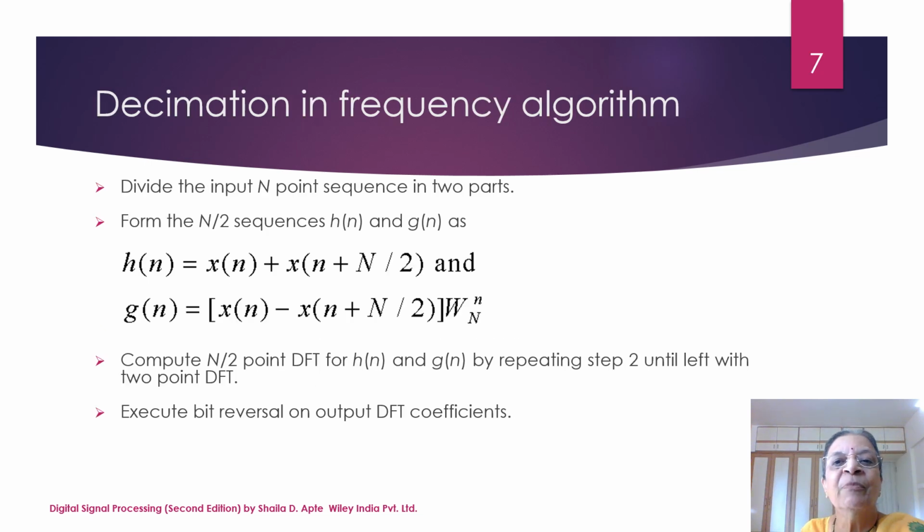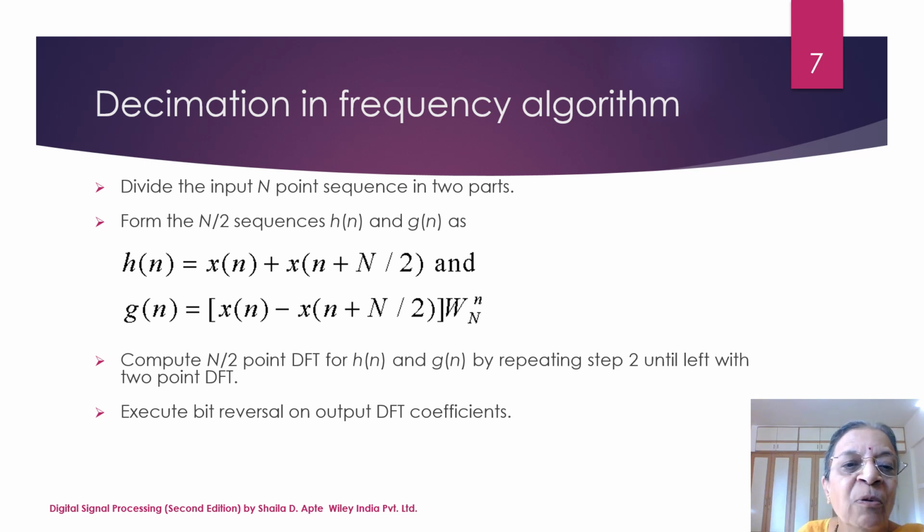Now let us see the decimation in frequency algorithm. Here we divide the input N-point sequence into two parts. So firstly, whatever 8 points we are getting, we just divide it into two parts. We'll consider the first 4 points on one side, the next 4 points on the other side, and then form N by 2 sequences Hn and Gn using this formula.